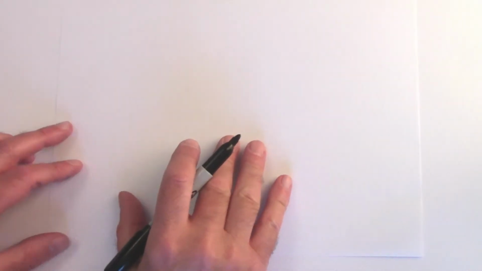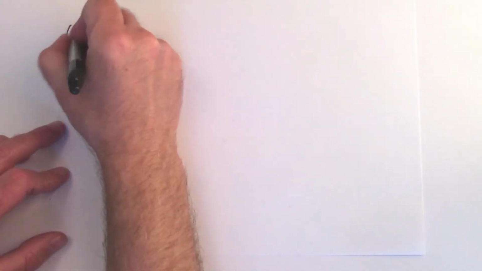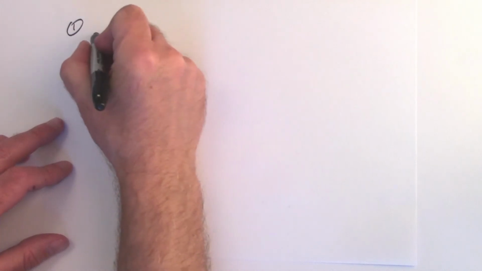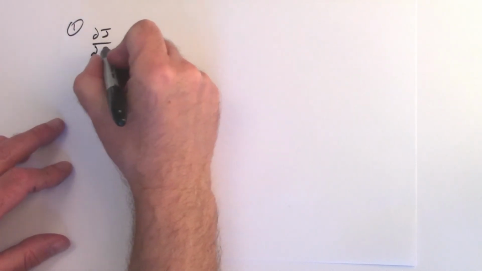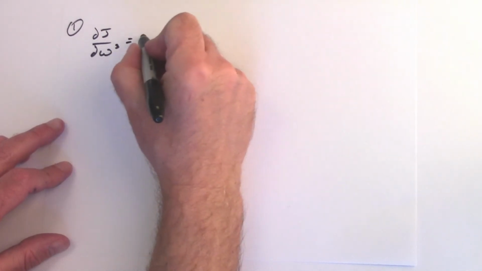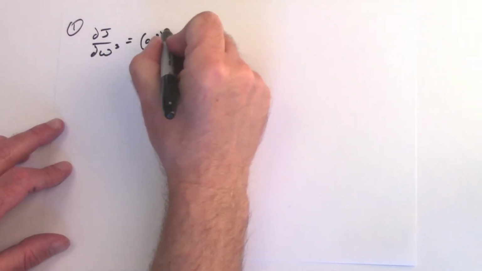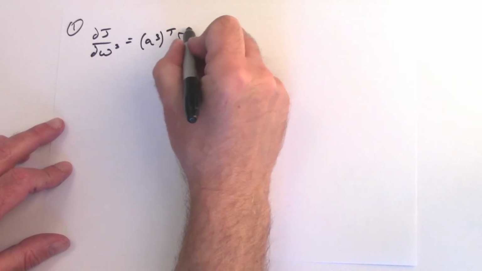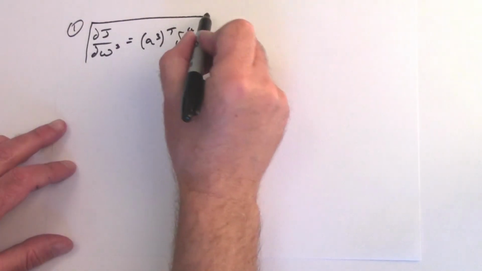So let's just summarize where we've got to. For our first calculation, we have that dJ by dW3 equals our activation transposed times del 4. So that's our first one.